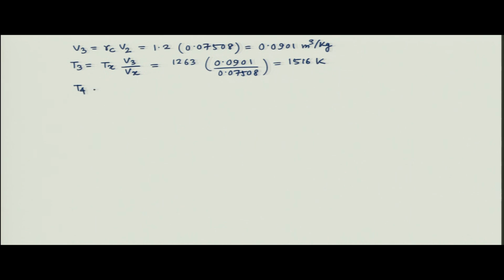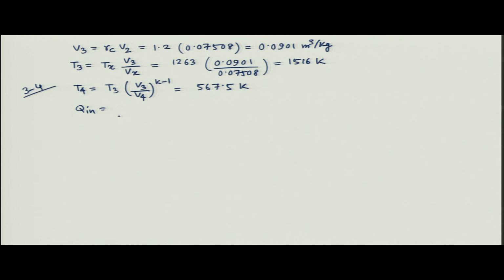T3 to 4 is an isentropic process. So, I can find T4 as T3 times V3 upon V4 to the power of k minus 1, and if you substitute the numbers you will find T4 as 567.5 Kelvin. So, I am skipping these steps, and now I can find Q in.